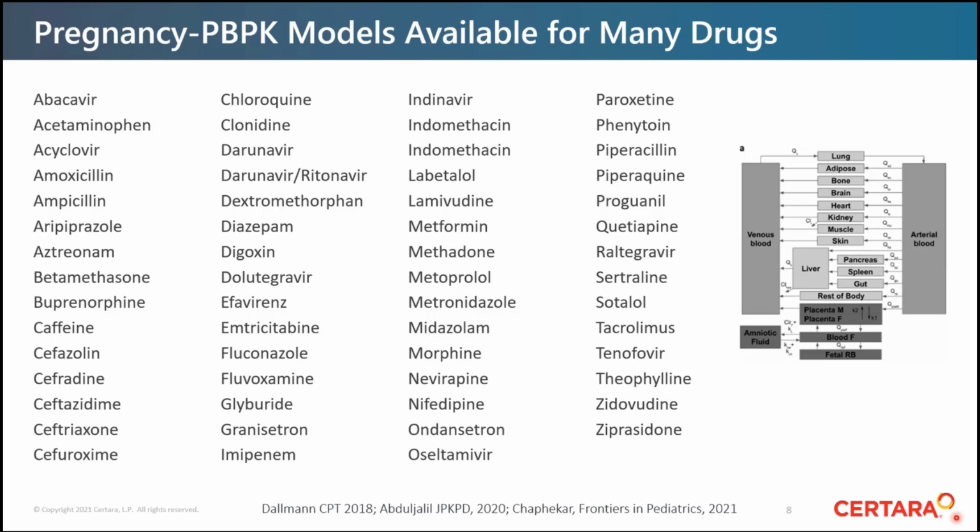I'm sure there are many more than what have been reported in these papers and these reviews, but you can see it spans the range of drugs that are renally cleared, metabolized, different therapeutic indications. So we have a lot of knowledge that we've gained on these drugs, and how they're used during pregnancy and potential PBPK options.